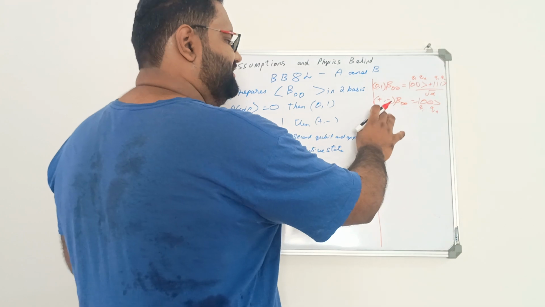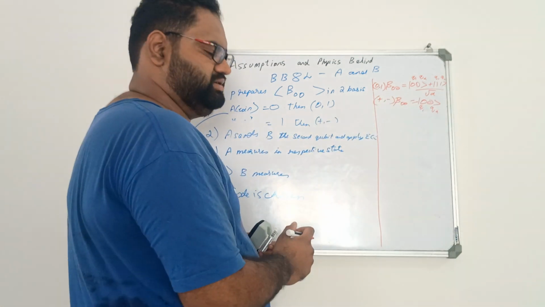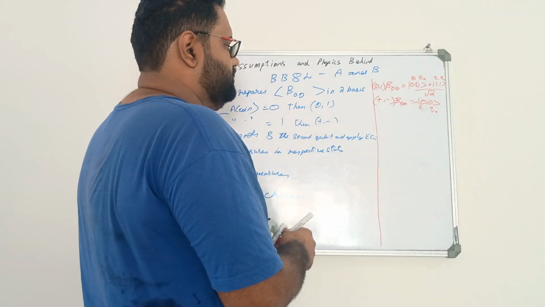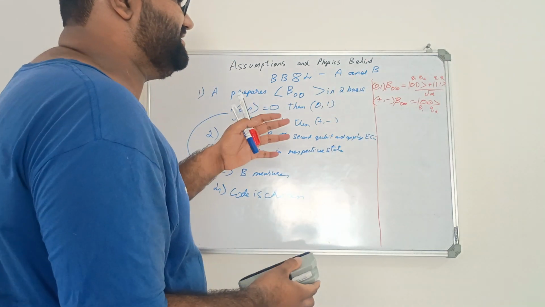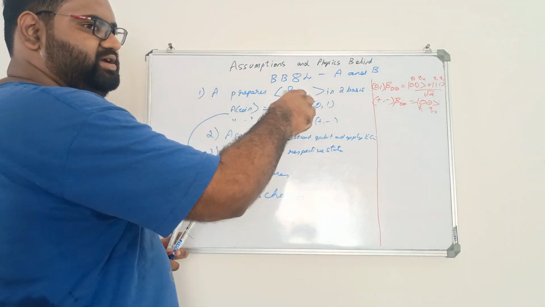And in this case, if A measures plus, then B should also be measuring plus, after all of the gate exchanges in the teleportation circuit.